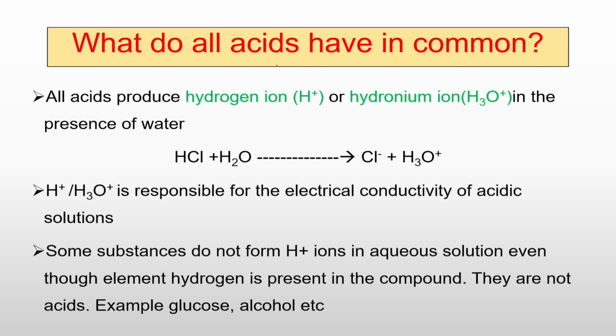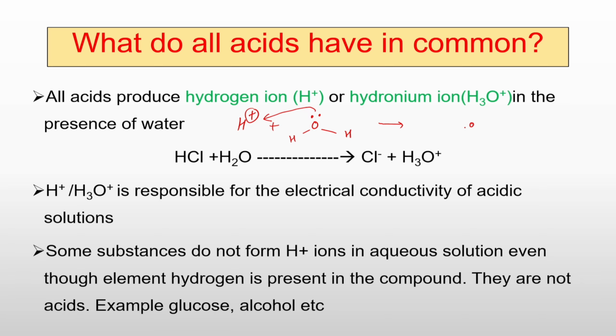Okay, so the common question: what do all acids have in common? We all know every acid has H plus or H3O plus ion. Whenever any acid has H plus ion, when it dissolves in water, the oxygen in water has a lone pair, so it catches this hydrogen.